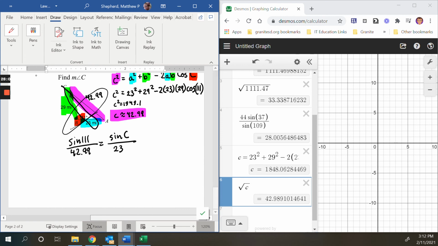All right, so we'll multiply both sides by the 23, so then sine of C is equal to 23 sine of 111 all over 42.99. Now we're going to do the inverse sine of both sides. So sine inverse of 23 sine of 111 all over 42.99.